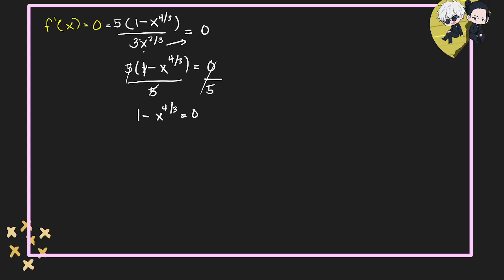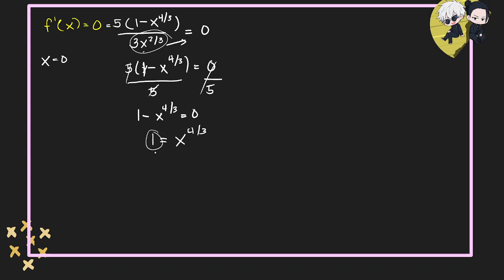So, what are we going to do? Since meron na tayong isang value ng x which is 0, so hanapin pa natin isang value ng x. So, if we transpose, x raised to 4/3. Di ba, any number raised to a number, ang sagot lang naman ay 1 is 1 pa din.